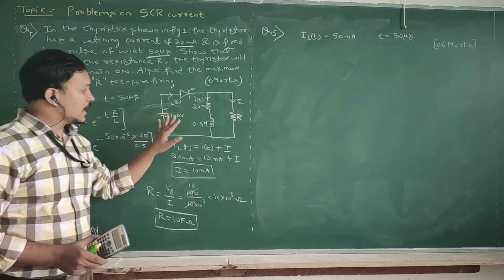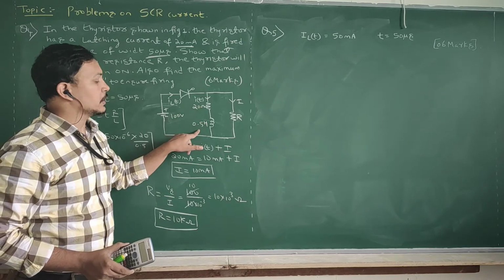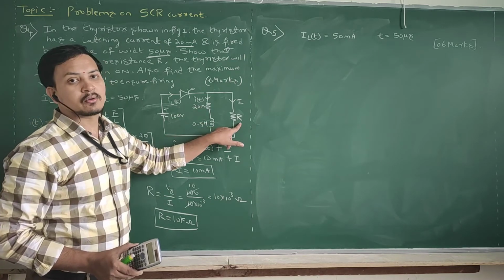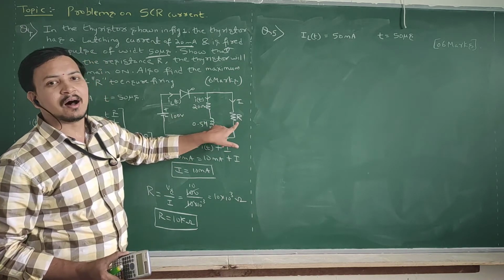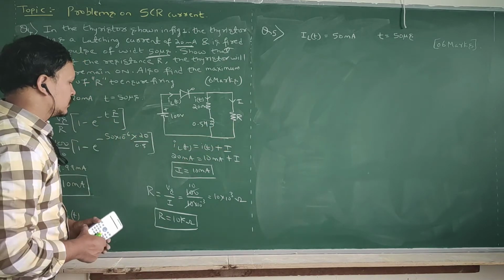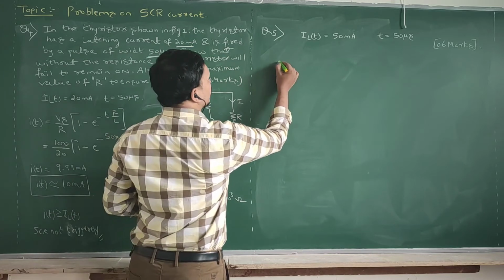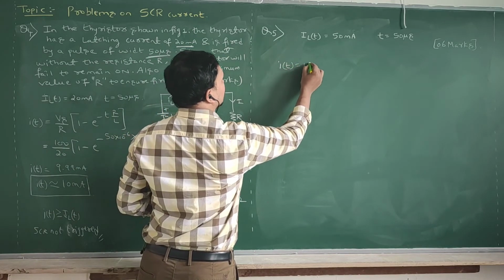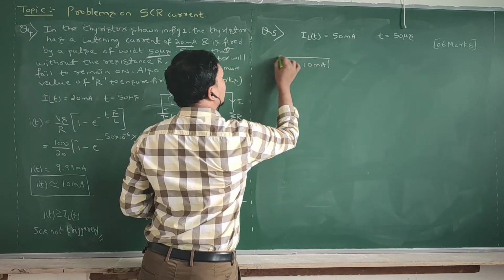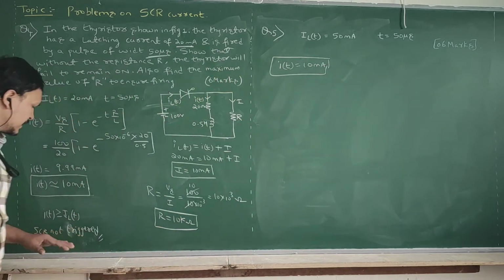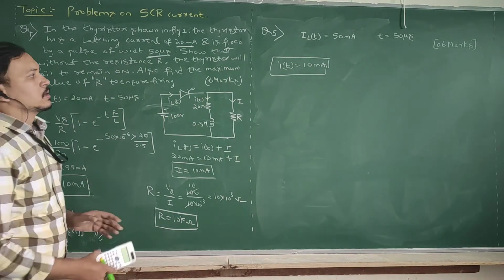Everything is the same circuit, same data, 20 ohm, 0.5, and you have to find the external resistance R. So in the first case, without connecting this resistance, we get I of t equal to 10 milliampere. You will get the same answer.